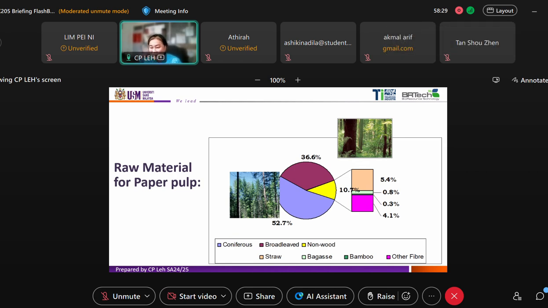Lignin content is higher in softwood. Then which one, softwood or hardwood, has higher density? Very stupid question, right?